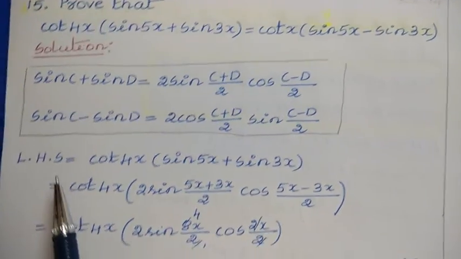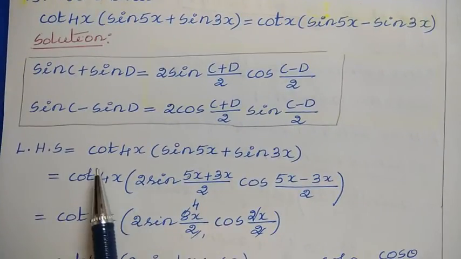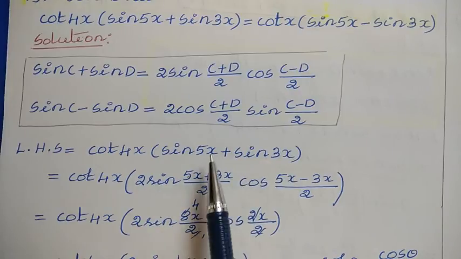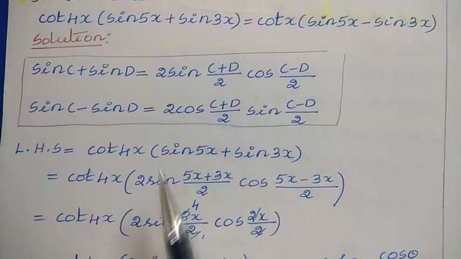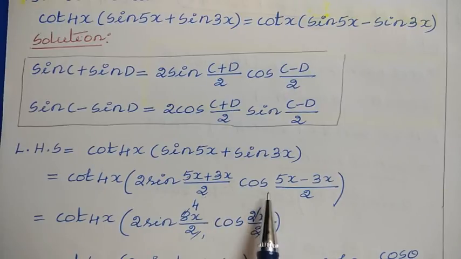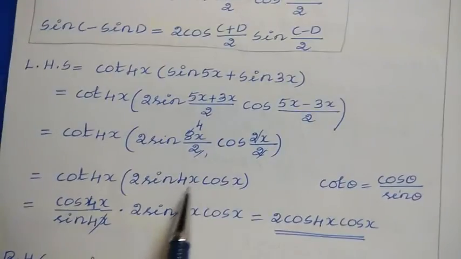Now let us take the LHS. LHS is equal to cot 4x into (sin 5x plus sin 3x). For this, apply this formula. So it becomes cot 4x into 2 sin((5x+3x)/2) cos((5x−3x)/2), then cot 4x into 2 sin 4x into cos x.